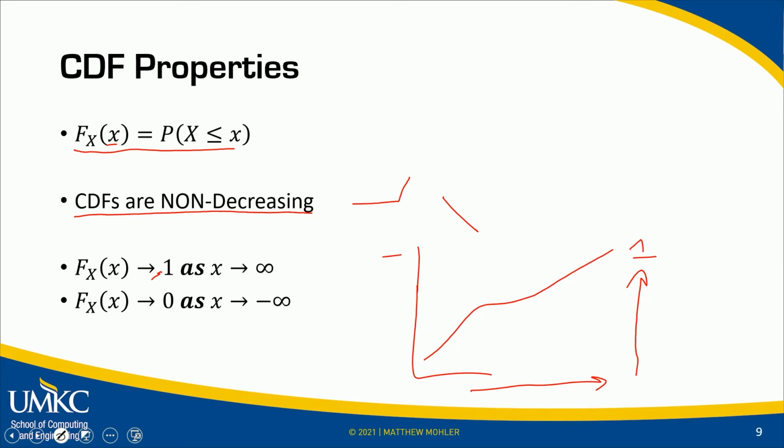Likewise, as x goes to negative infinity, the cumulative distribution function will tend towards 0. And this makes sense because it's cumulative. The closer you get to negative infinity, the less probability you have of being there. And the closer you get to positive infinity, the more likely it is that you've covered every possible value of the random variable x.